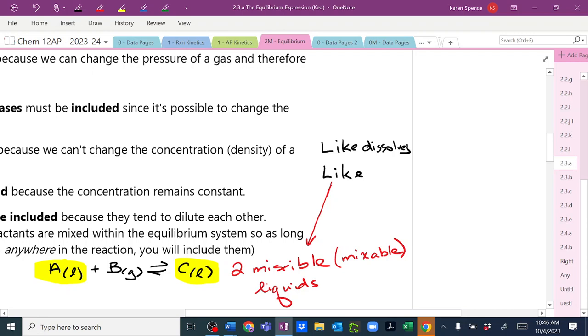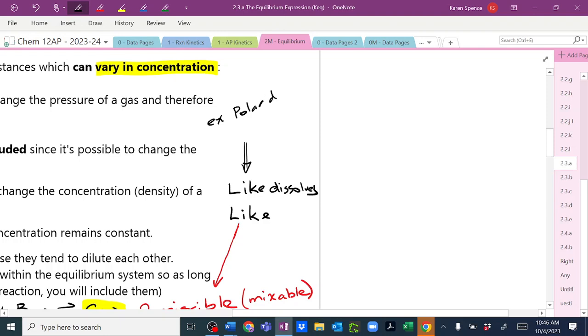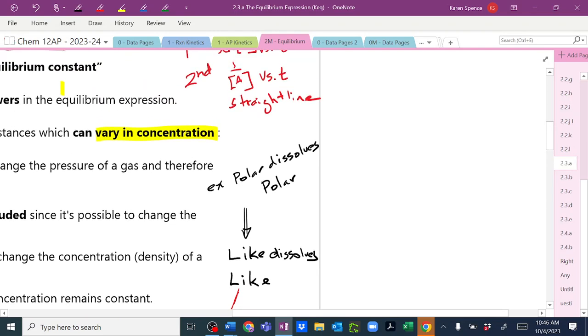Partially. We're talking about things which are polar and non-polar. So polar dissolves polar. We talked about this earlier, remember? Okay. And non-polar dissolves non-polar.